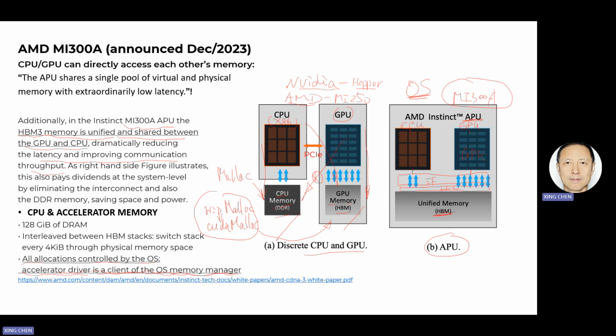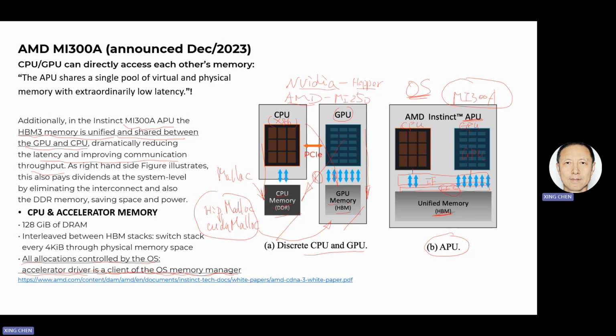The memory system has been simplified, and the last level cache has been moved close to the CPU and the GPU, closer to the memory. So these are the new evolutions.